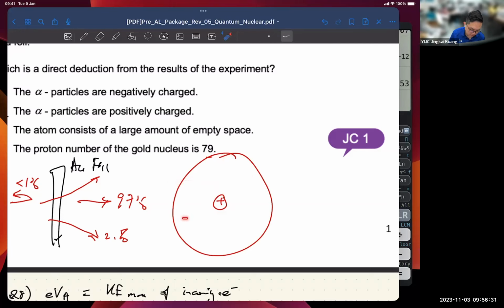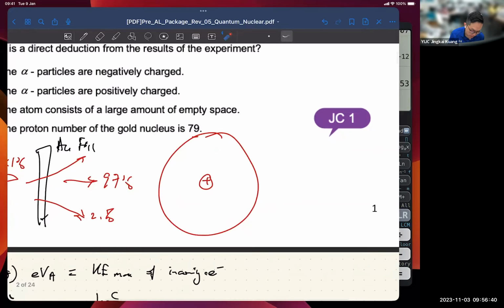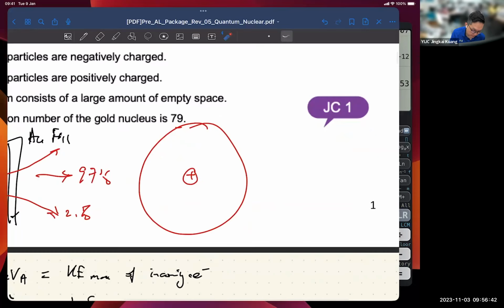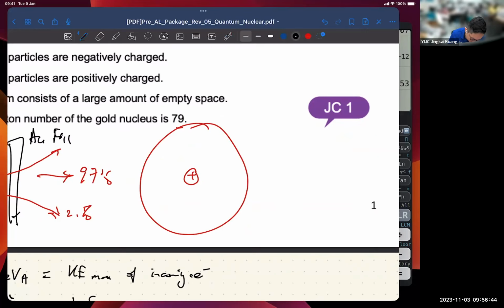Of course, if they pass near to your gold nucleus, then they start to curve. You should be able to draw the path as well. Remember, the closer you are, the stronger the electric force acting on you. If you go somewhere further away, it curves down like this. This curvature has to be measured from the center here. So if your particle is here, you need to curve it out this way.